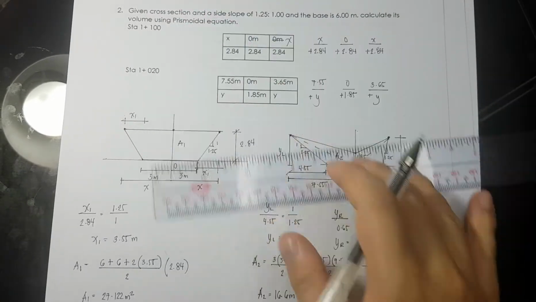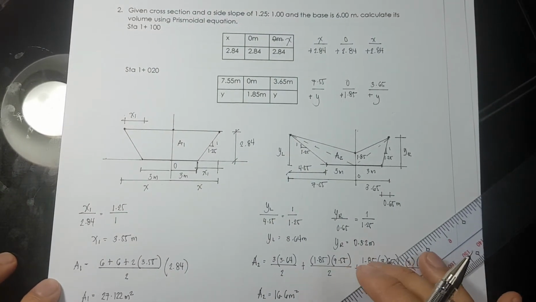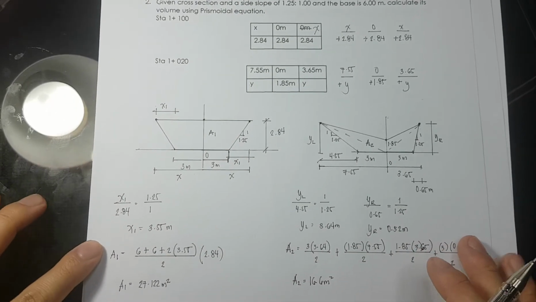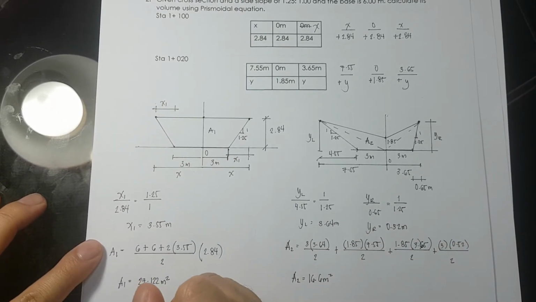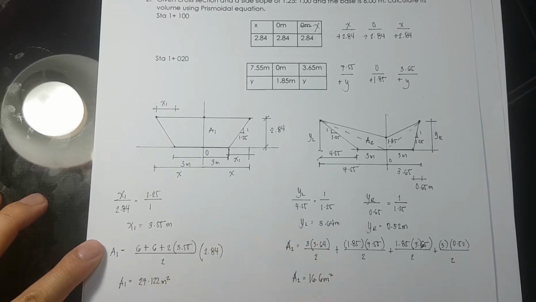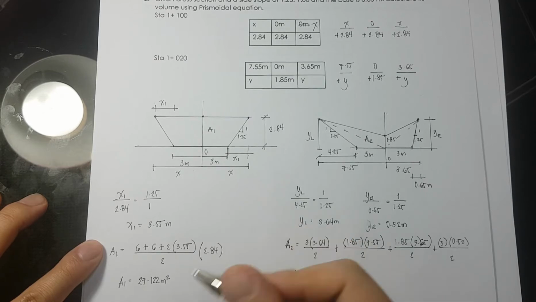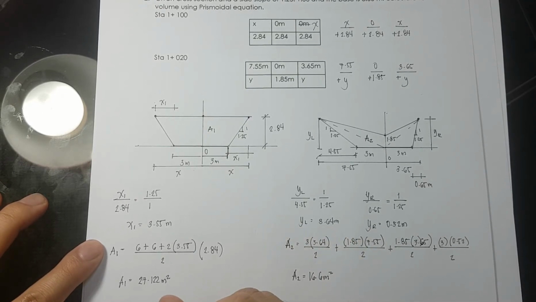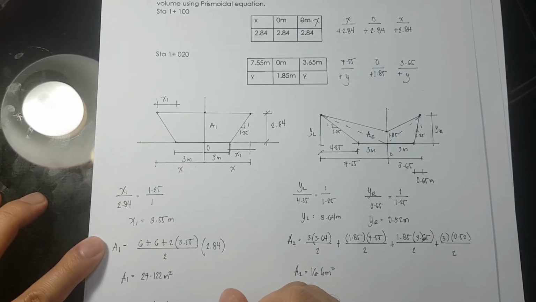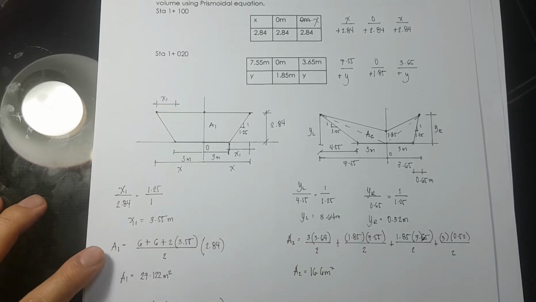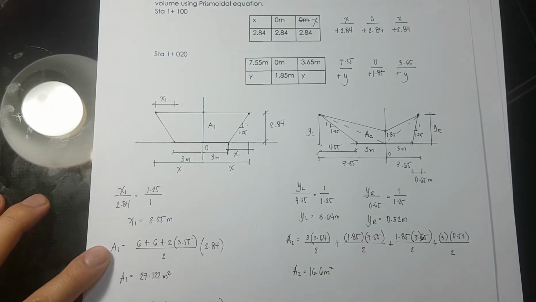Now we are to solve for the volume using the prismoidal method. So again, for the volume, VP is equivalent to 3 L over 6 area 1 plus 4 area middle plus area 2. Okay, so we need to solve for area middle.